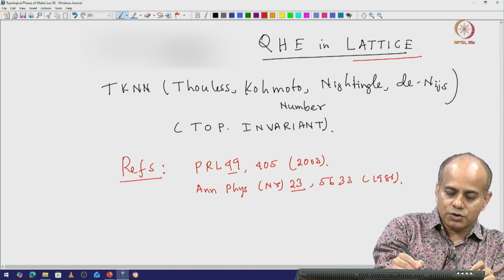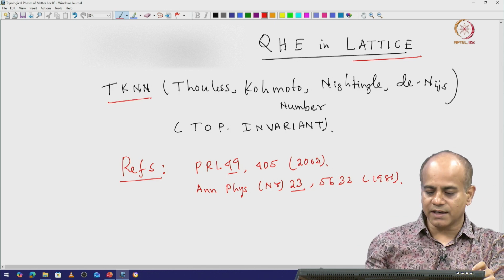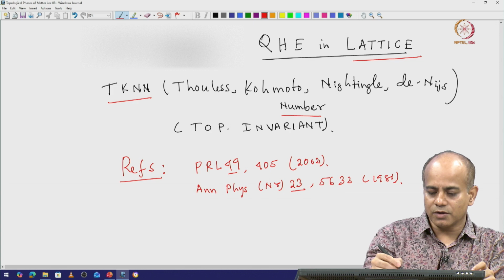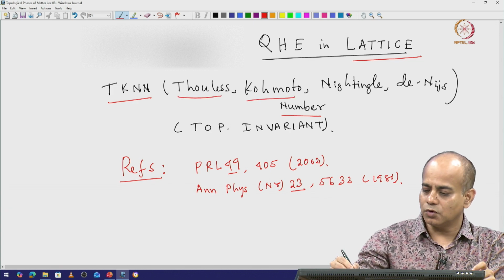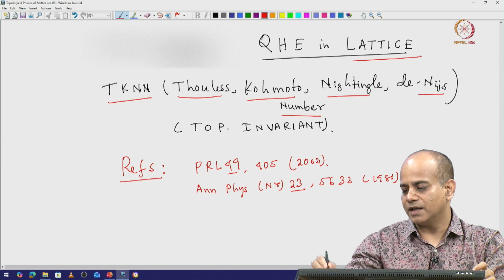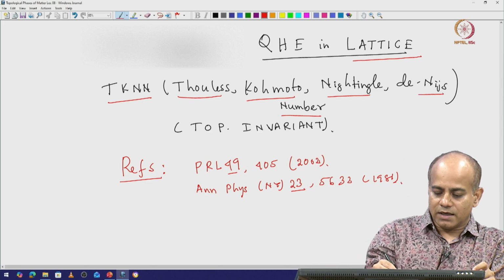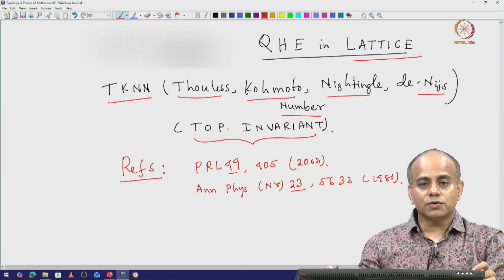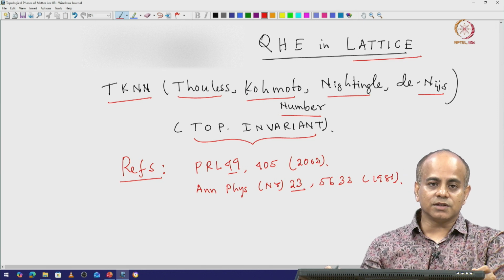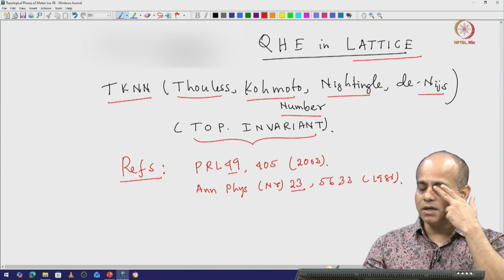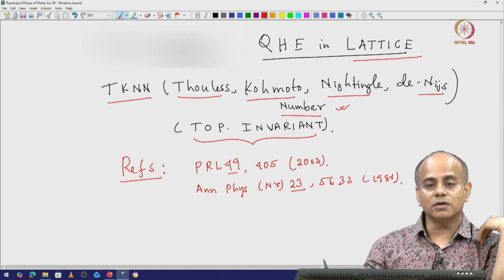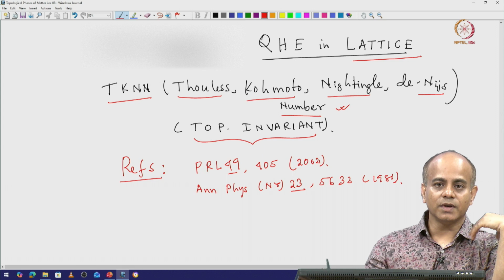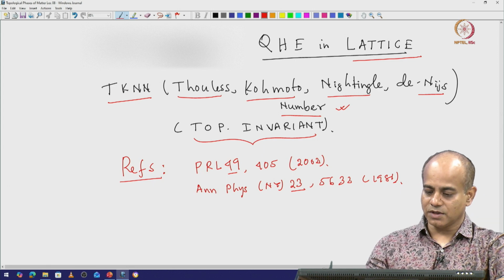And this was shown by, and it is called TKNN number because it was shown by these people Thouless, Kohmoto, Nightingale and den Nijs, and we will show that this is a topological invariant. The Chern number that we talked about is called TKNN number also, and we will see that that is very similar to the Chern number.